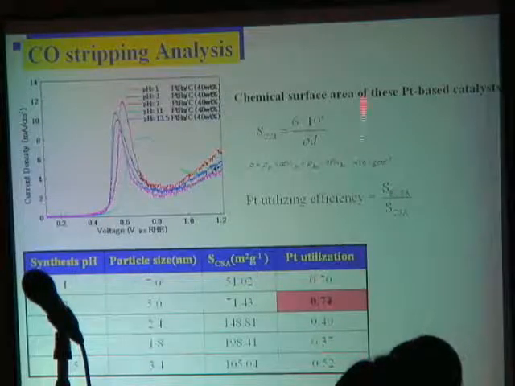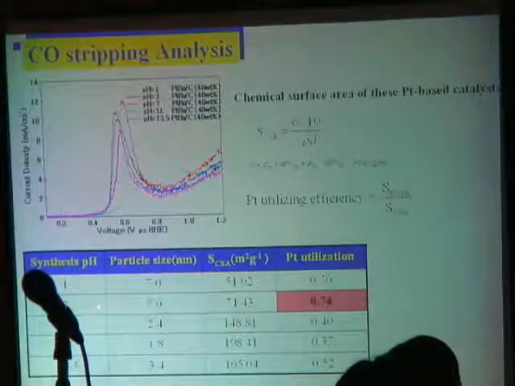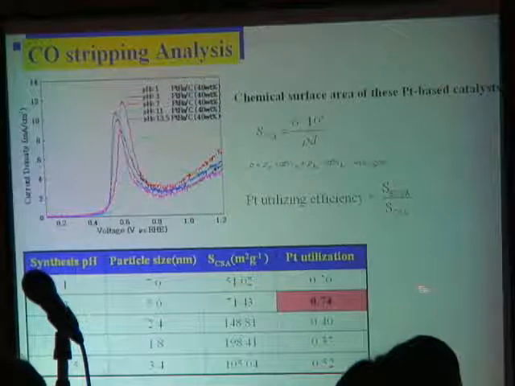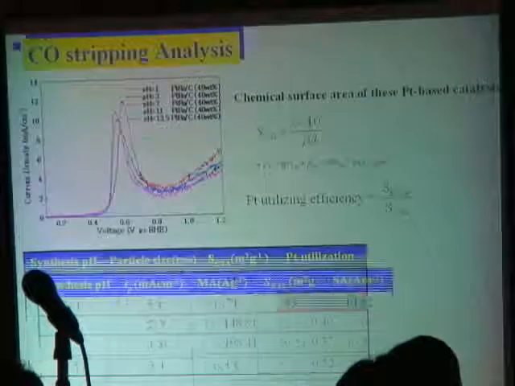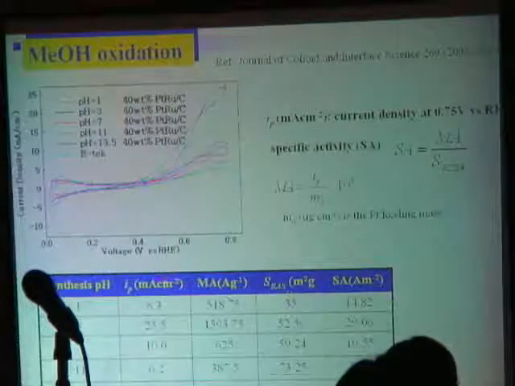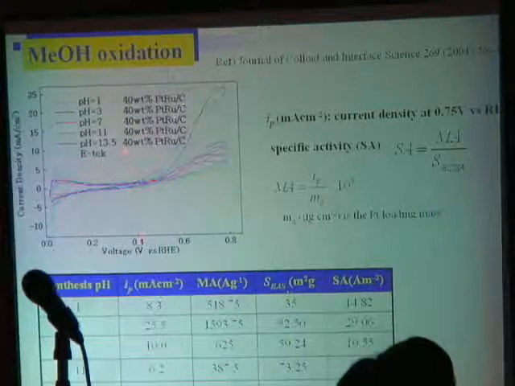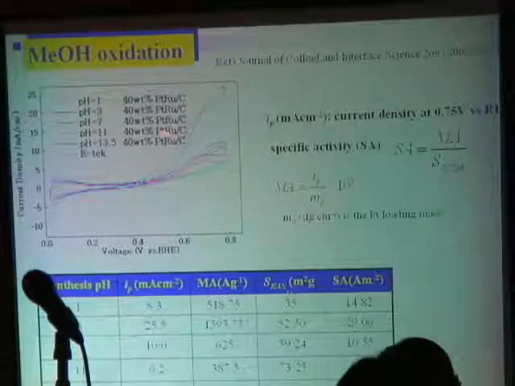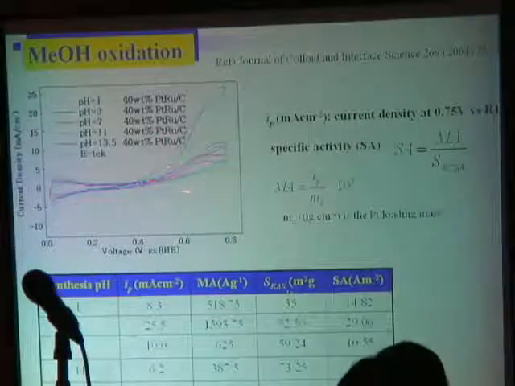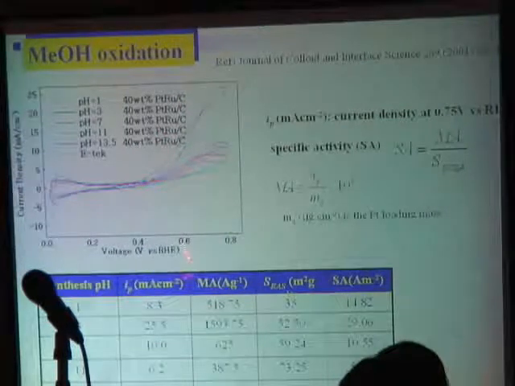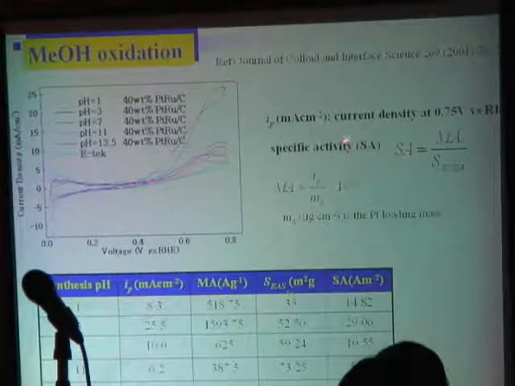From this figure, we know that a pH value of 3 shows the best Pt utilization efficiency. And this is methanol oxidation. This is very useful for applying the catalyst to methanol oxidation and to the fuel cell.